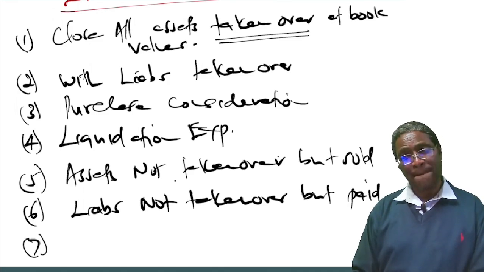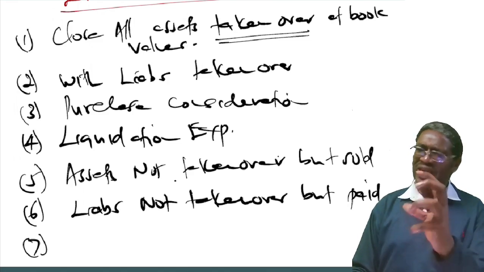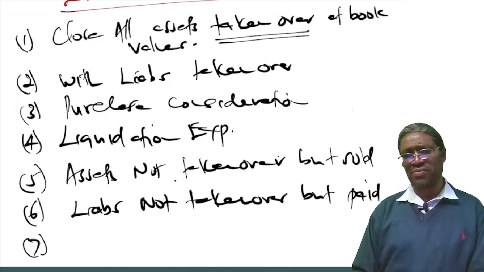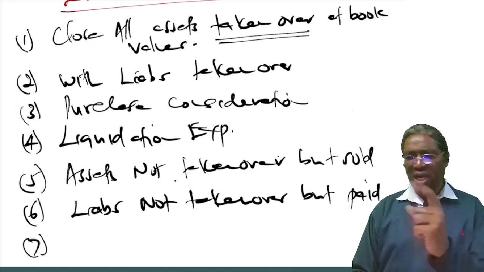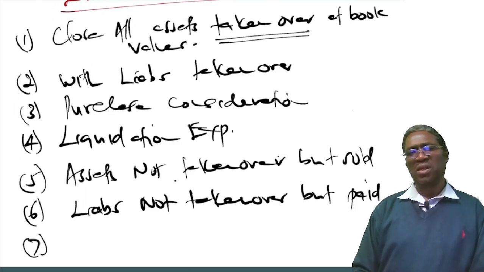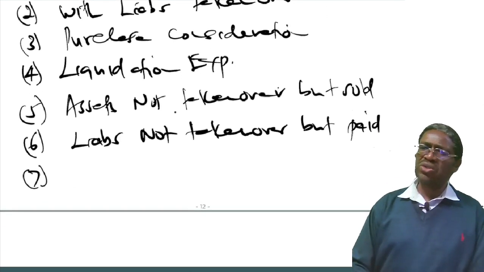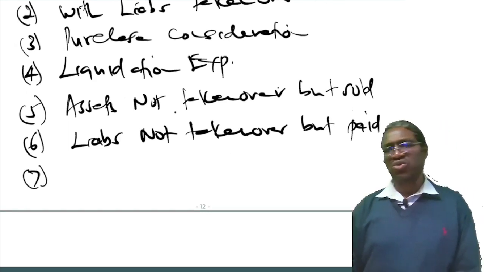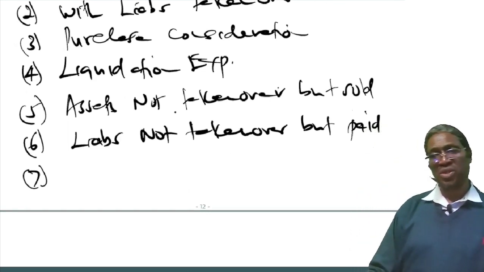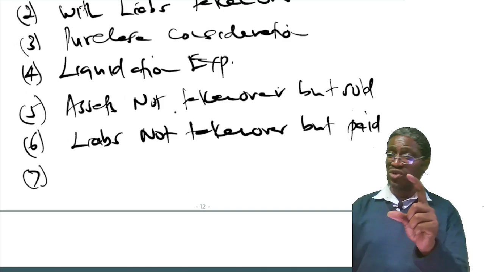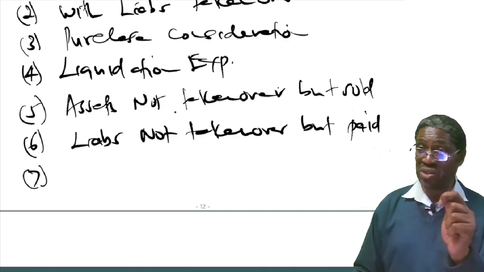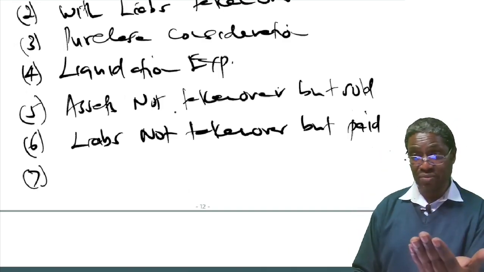Now listen. Let's take the ordinary shareholders for instance. In a company, the company normally owes several things to the ordinary shareholders. One thing that you as a company owe to your ordinary shareholders is their share capital.